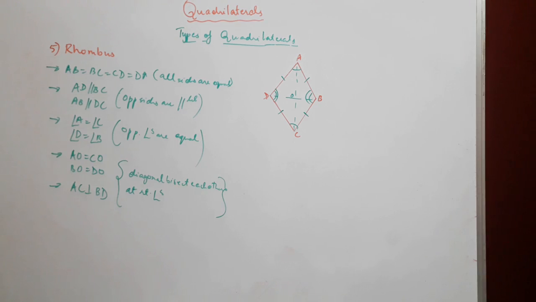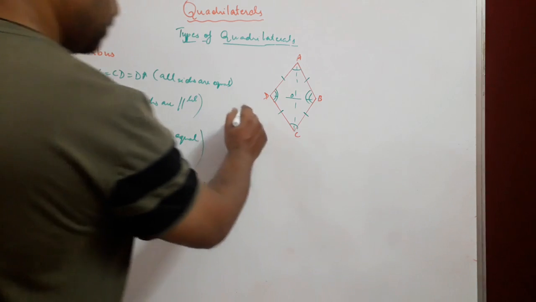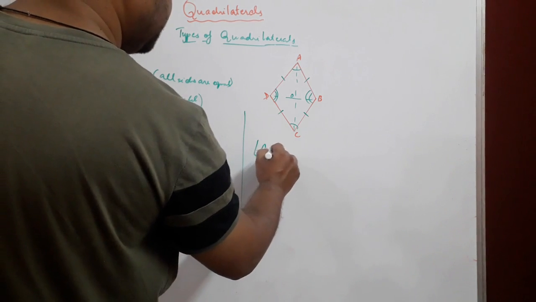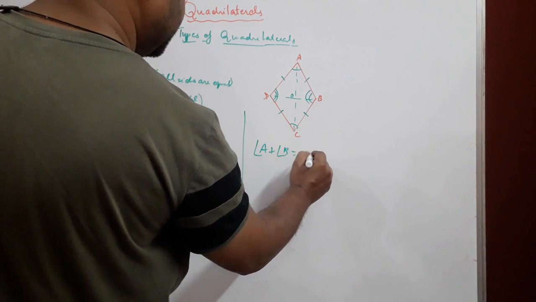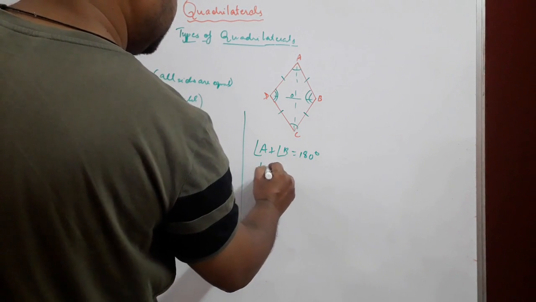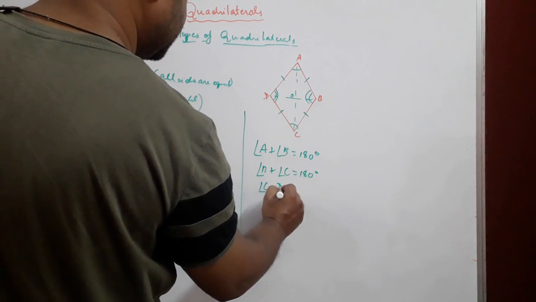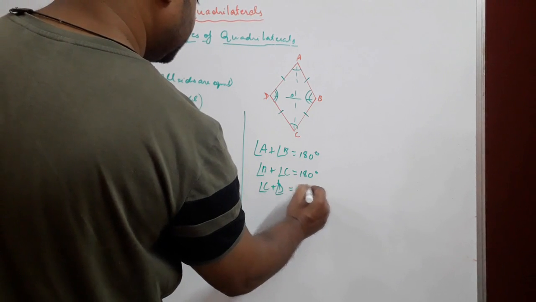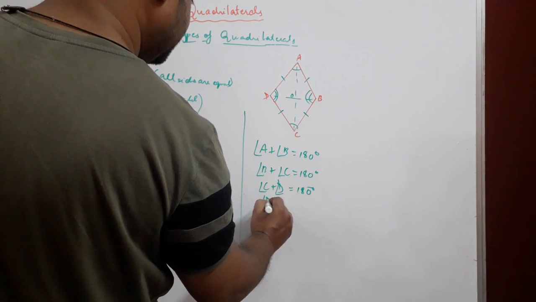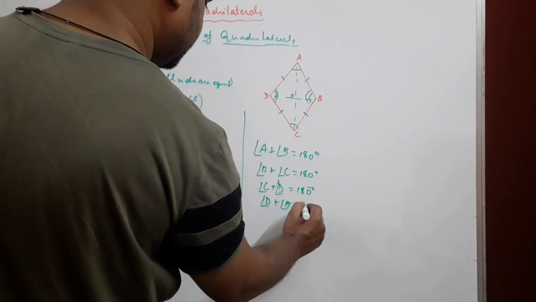What else do we know? We can say that the sum of two adjacent angles of a rhombus are supplementary, equal to 180 degrees. So put it down over here, which means that angle A plus angle B will be equal to 180 degrees, or angle B plus angle C equal to 180 degrees, or angle C plus angle D equal to 180 degrees, or angle D plus angle A equal to 180 degrees.